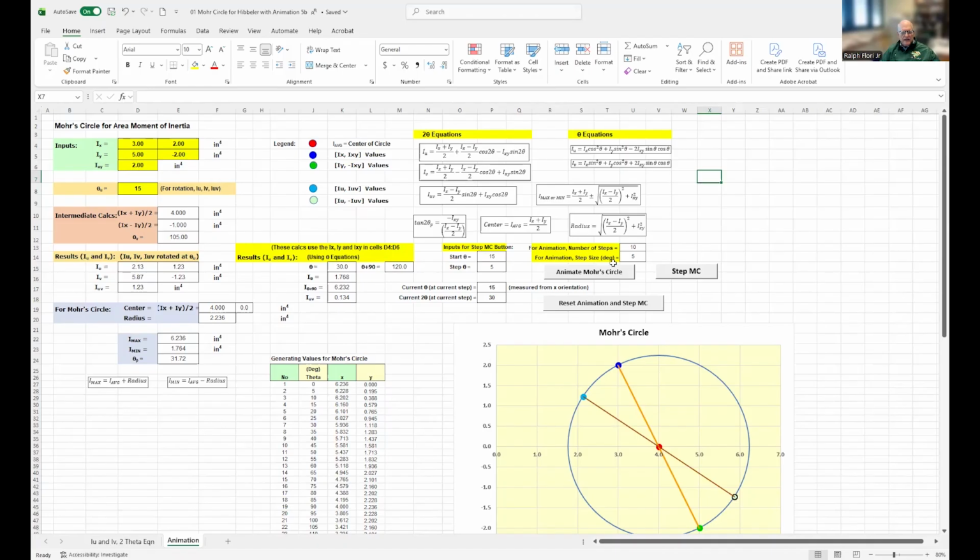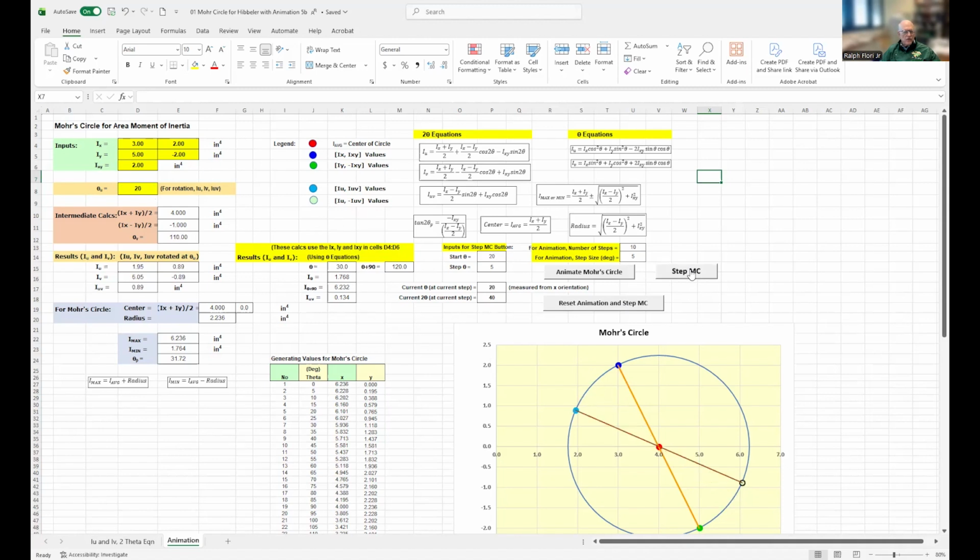We can actually animate this. We can step this circle. I'm going to reset it. The step changes this angle. So this is 5 degrees on the element, which is 10 degrees on Mohr circle. I can step again. This goes to 10 and it plots there. Step again, this goes to 15.